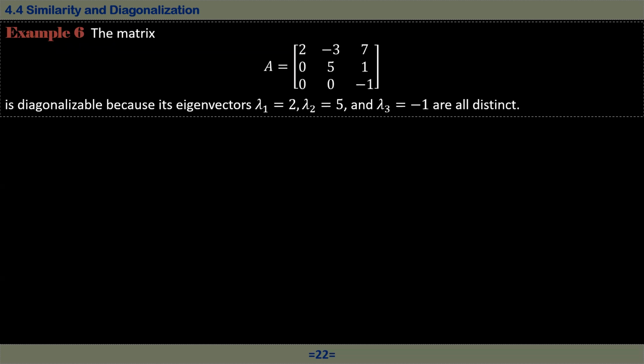For example, the matrix here is an upper triangular matrix, so we can find the eigenvalues directly, because all the components in the main diagonal are the eigenvalues of this matrix. So lambda 1 is 2, lambda 2 is 5, and lambda 3 is -1. All of these numbers are distinct. That means this matrix is diagonalizable, and once we know that, we can try to find the diagonal matrix.